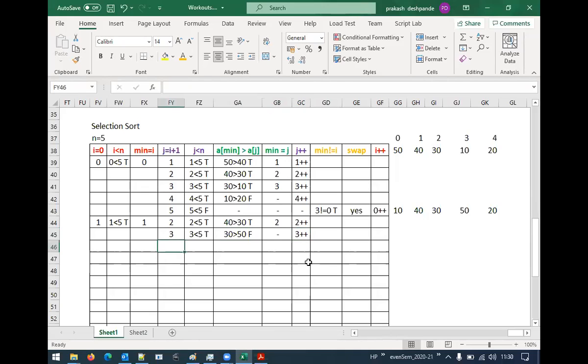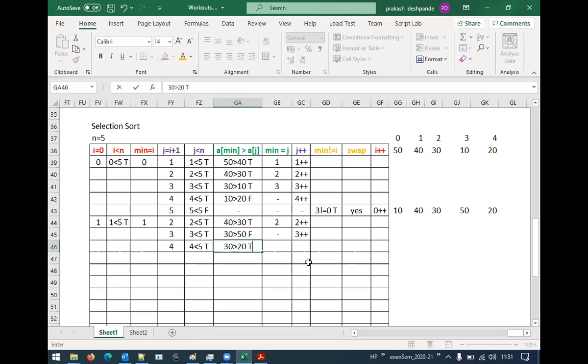So the next time j becomes 4. 4 less than 5. Condition is true. Now A of min. What is min value now? 2. A of 2 is 30. Is this 30 greater than 20? True or false? True.